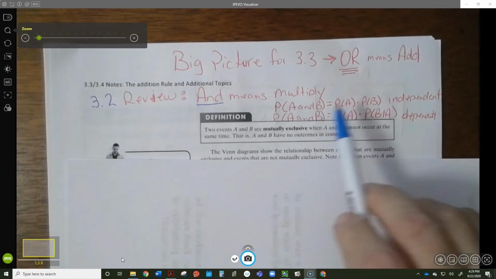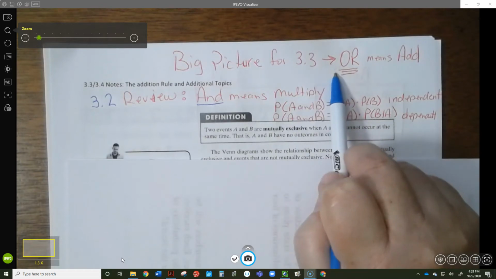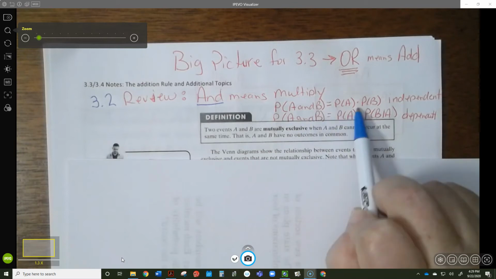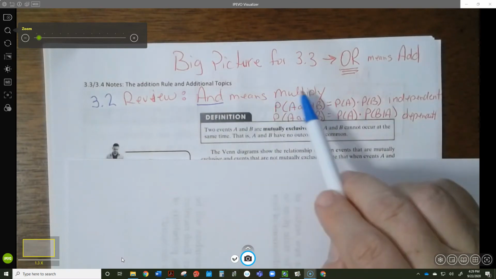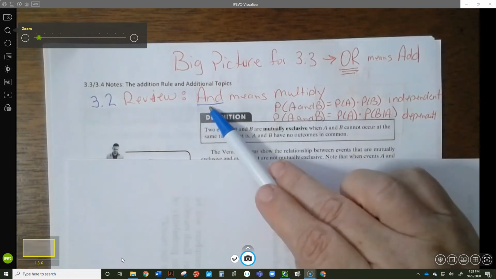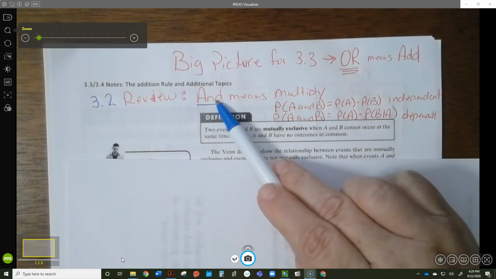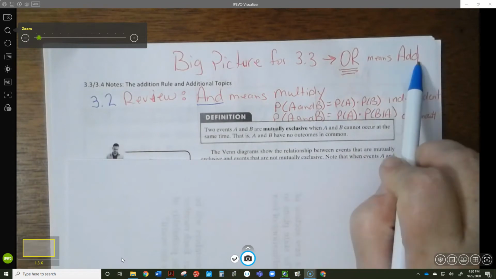Okay, so anyway, the big picture for 3-3 is going to be the word or, and the formula for A or B is going to involve addition. So you just have to remember, and means multiply, or means add. I think I said the wrong word. And should mean multiply, or means add.